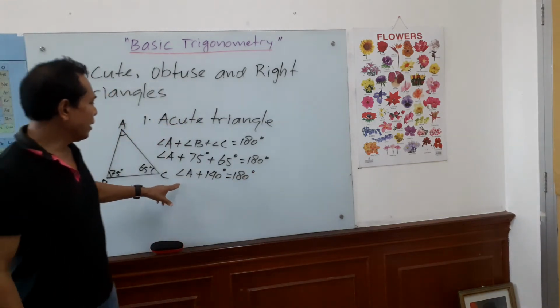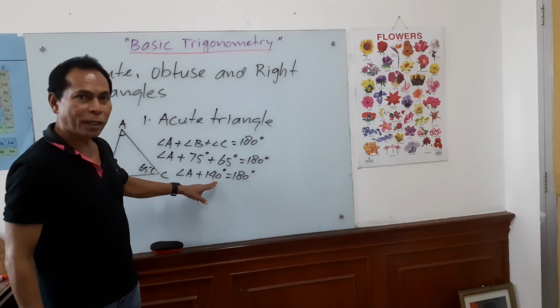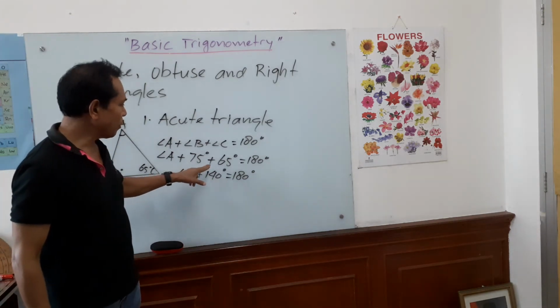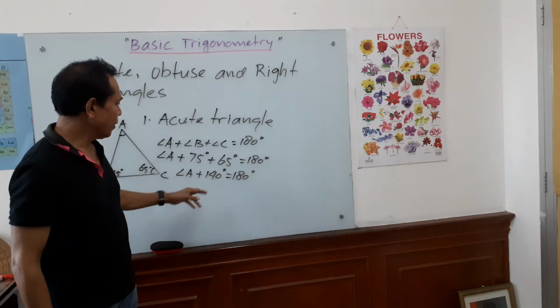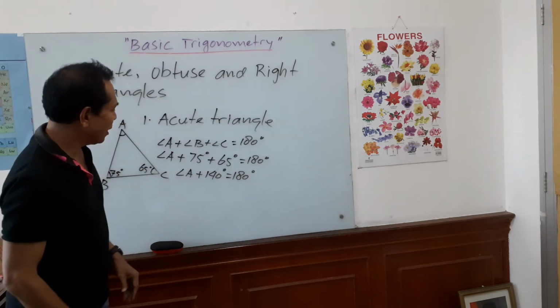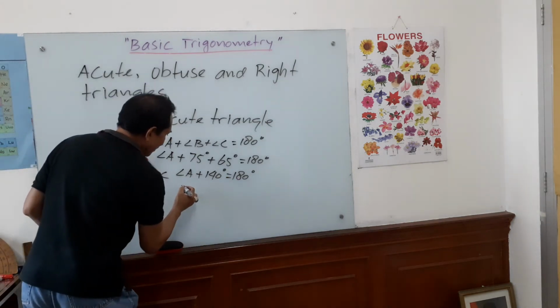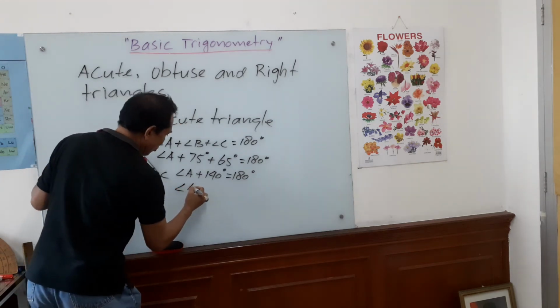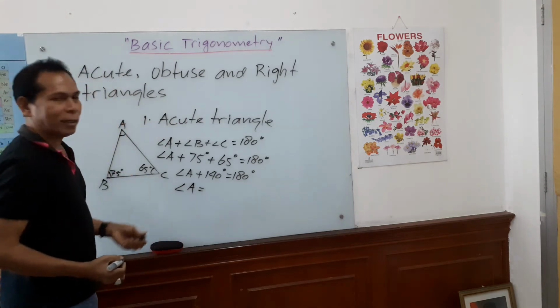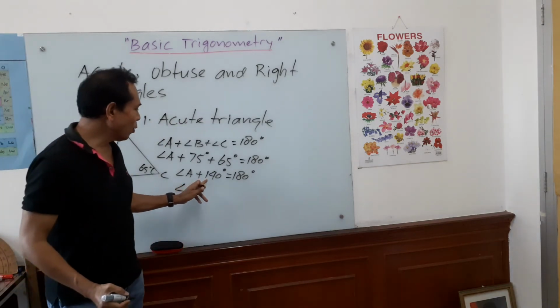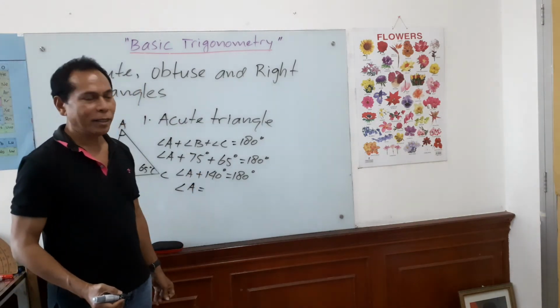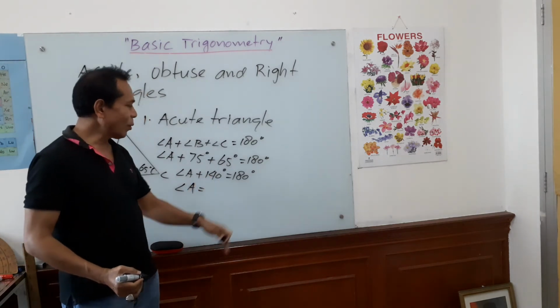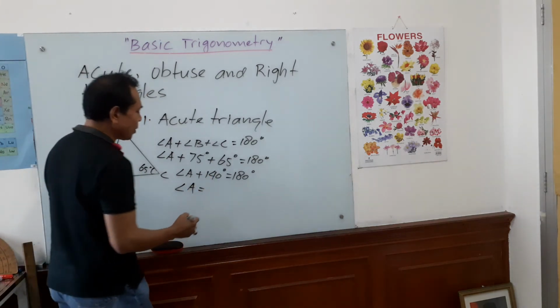So angle A plus 140, so 140 comes from 75 plus 65 degrees equals 180 degrees. Now, we bring angle A here to be the subject because we want to find it, okay? And we move this 140 to the right side. When we move this to the right side of the equal sign, it becomes negative.